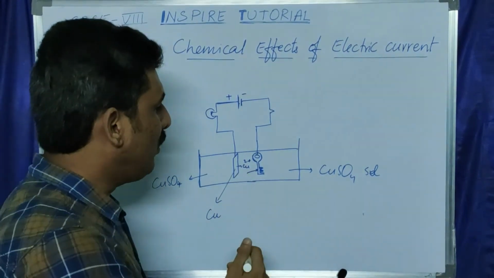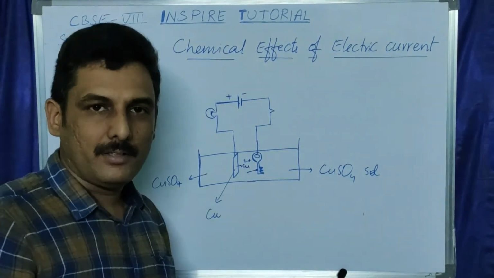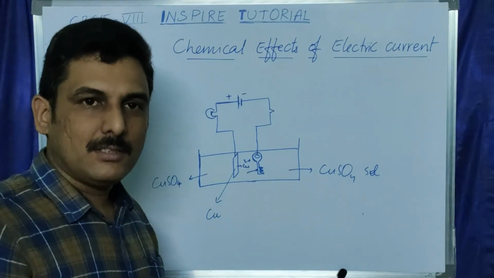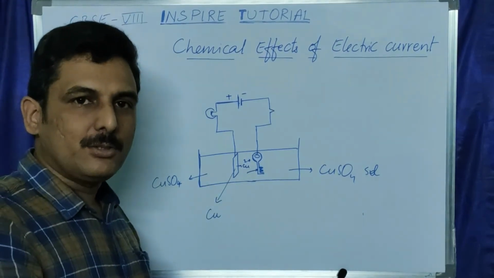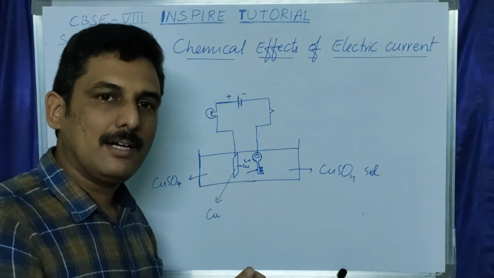So the purpose of electroplating iron articles or any other article with other metals is to prevent those articles from rusting and to give an attractive appearance.